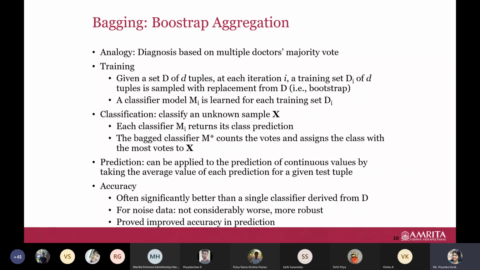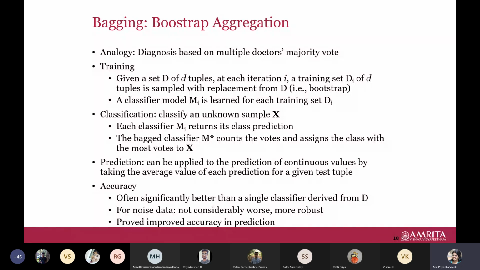Of course we recheck and confirm with multiple doctors, a second opinion, etc. So we would ask multiple doctors for their opinion and only then take a final decision. If the majority of the doctors said not to go for a surgery, then we might say that I'm not going for a surgery. So that is the analogy we have for bagging.